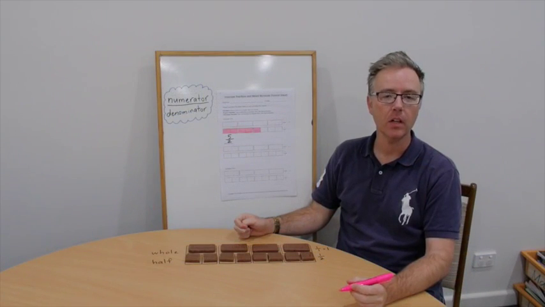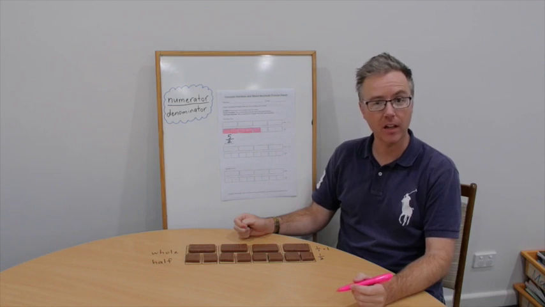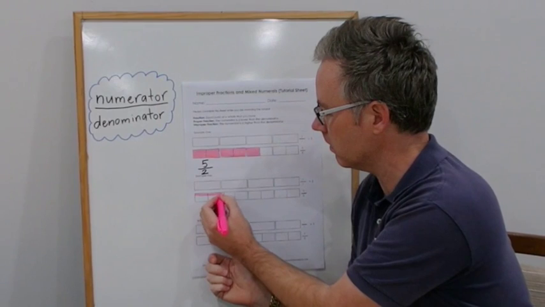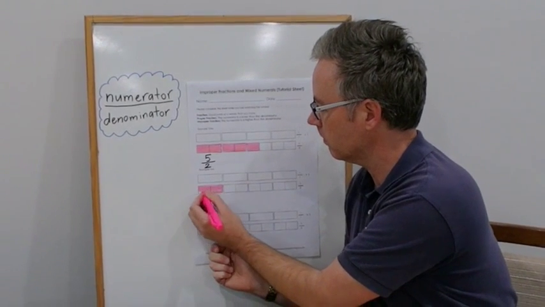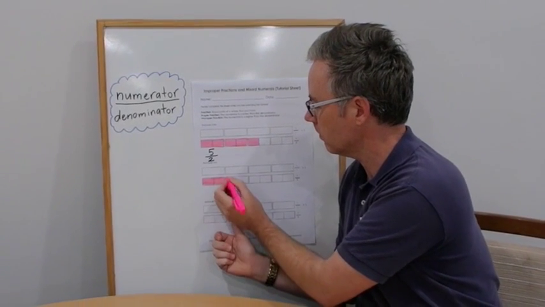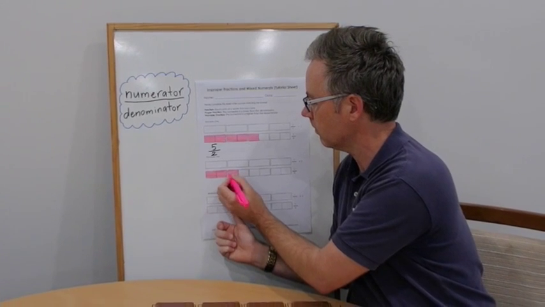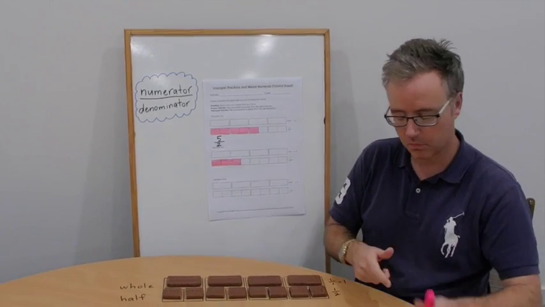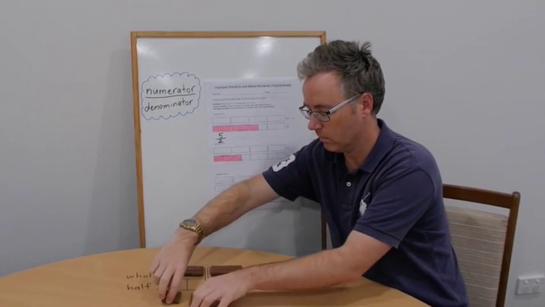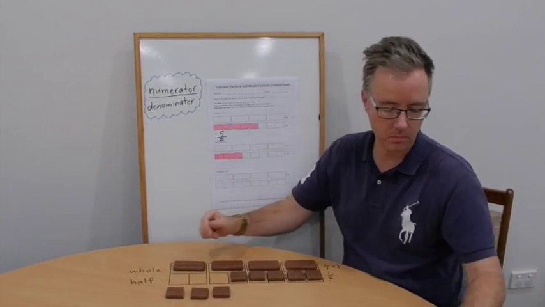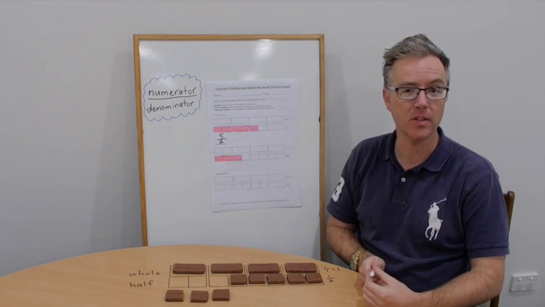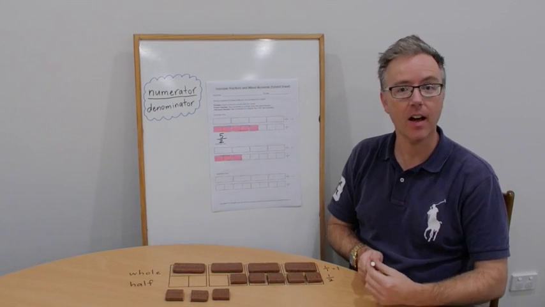For example 2, let's colour in 3 halves. And so you can see there with my concrete material, we have 3 halves.